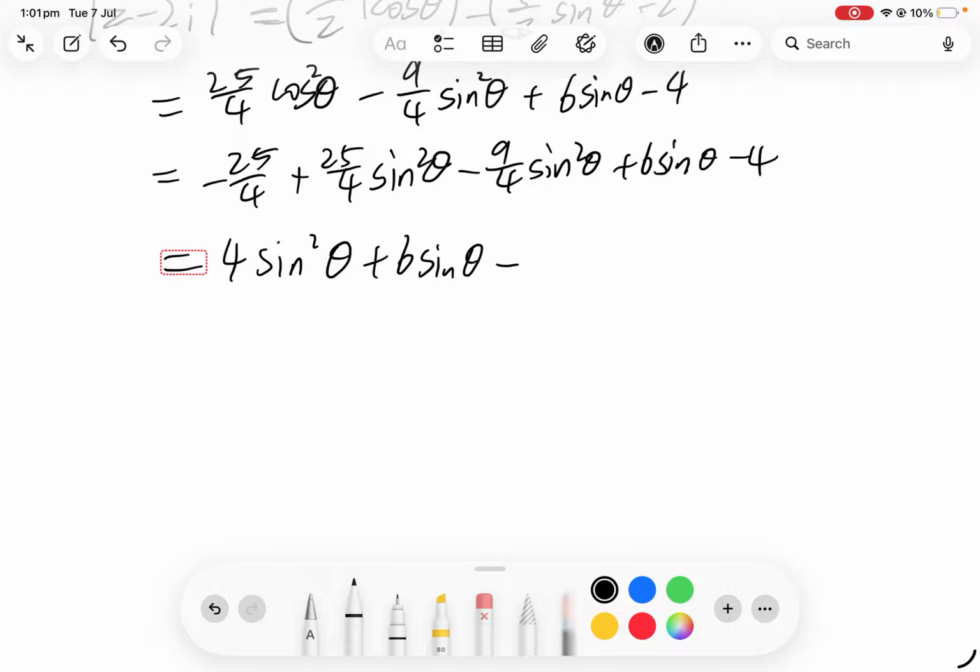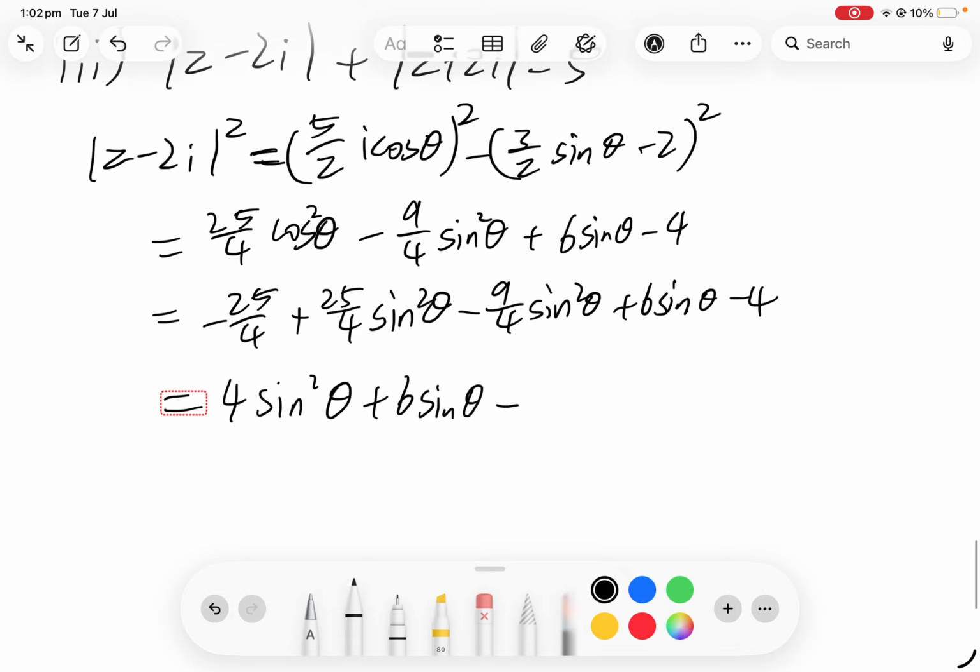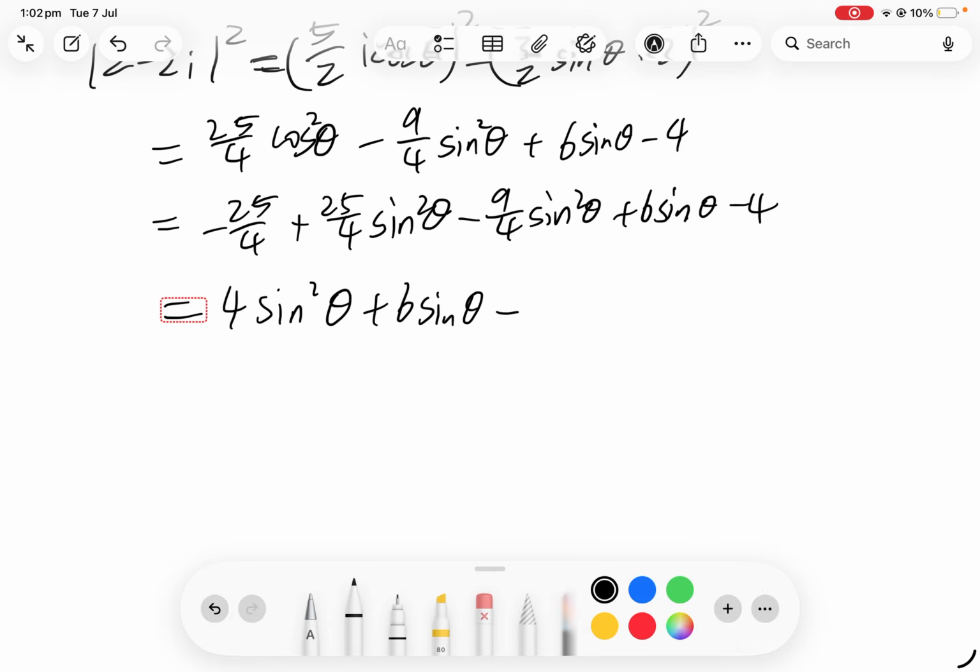Wait, let me check this. That is really weird. If I minus 2, it should be 25 over 4.